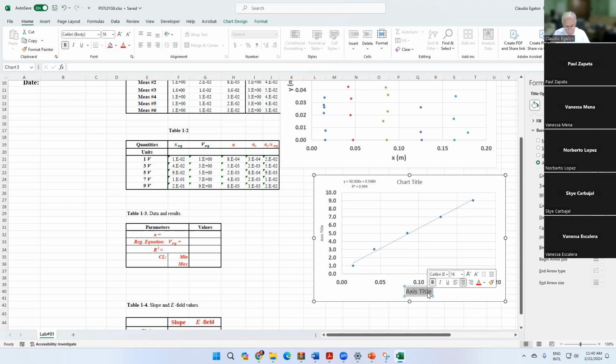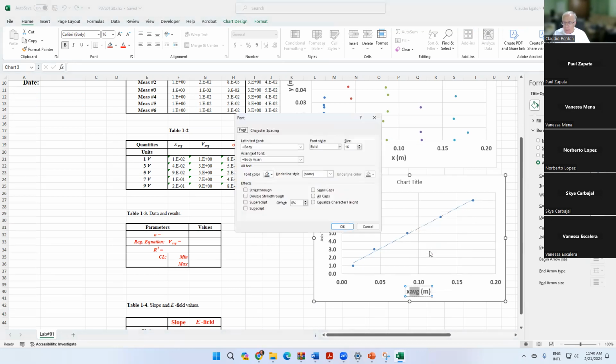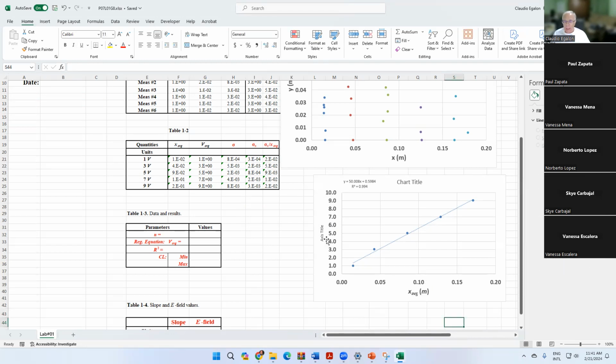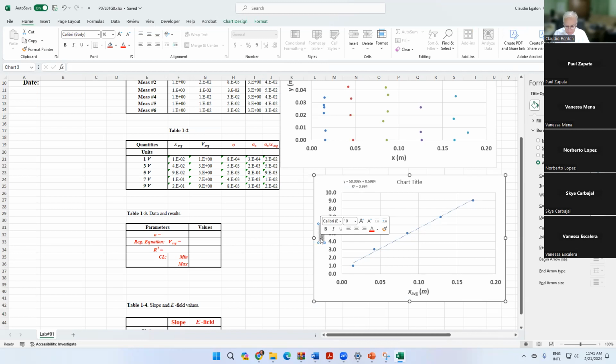And then you go ahead, you put XAVG between parentheses, in meters. But AVG should be subscript. So what do we do? Highlight it, right click, font, and subscript. If you want to make it fancy, italicize to make it look nice. And you do the same here for the V. VAVG between parentheses, voltage.